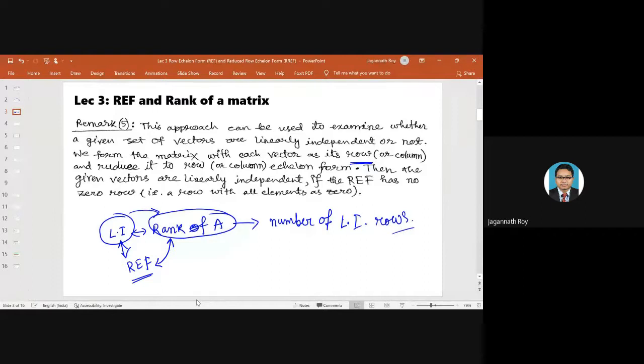Now we have obtained this new idea called the row echelon form.